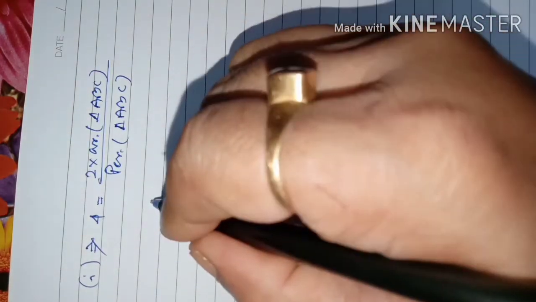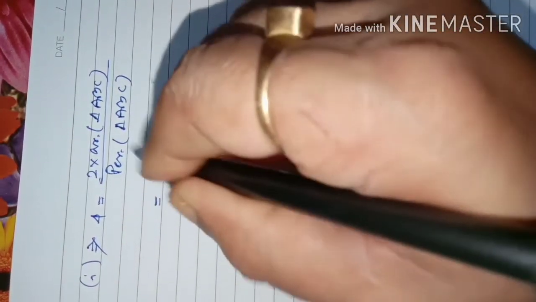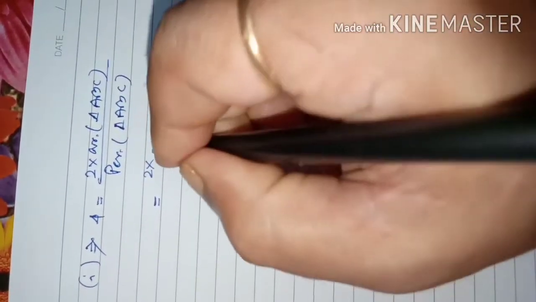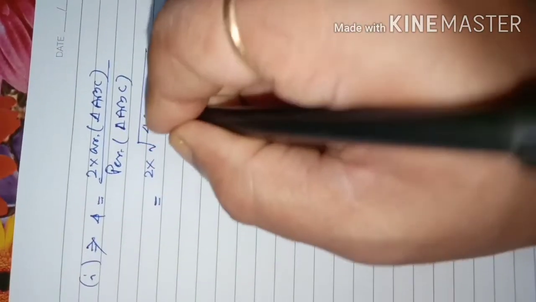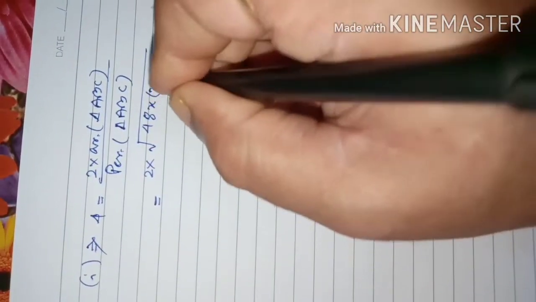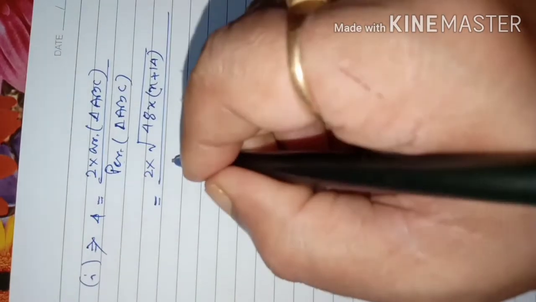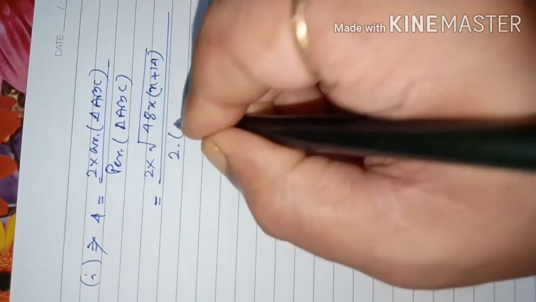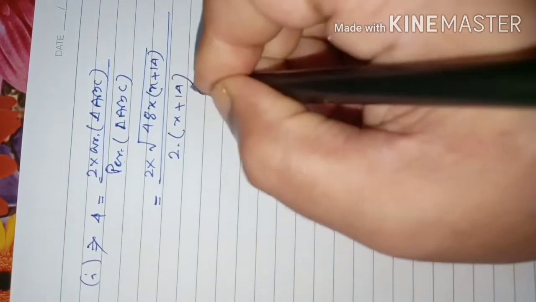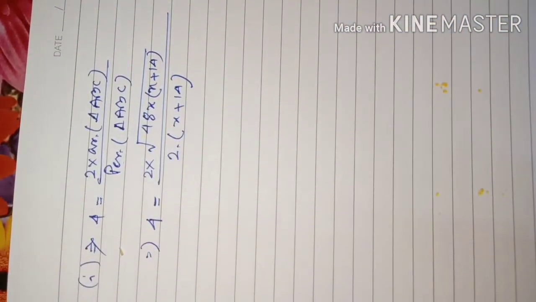So here, 2 into area of triangle ABC, just now we got under root 48x into x plus 14, divided by the perimeter of the triangle. The perimeter of the triangle is what? 2 into x plus 14, and here is a 4. I am showing you which value is what.